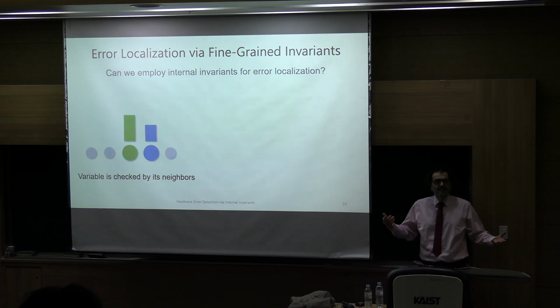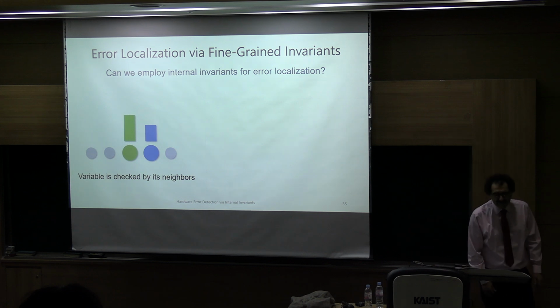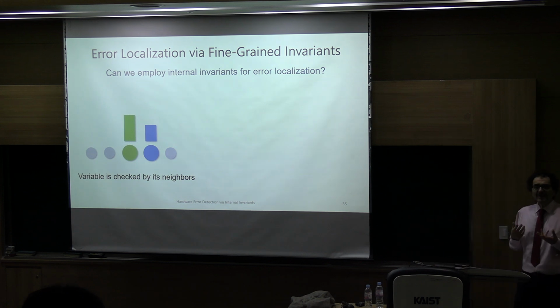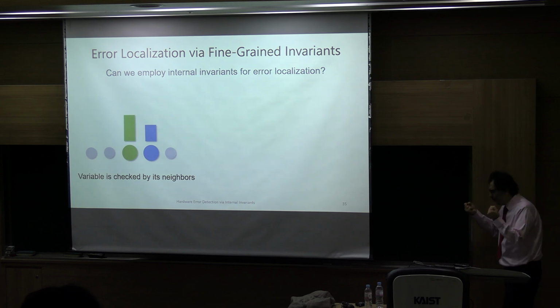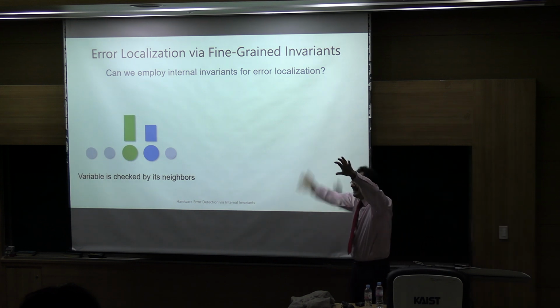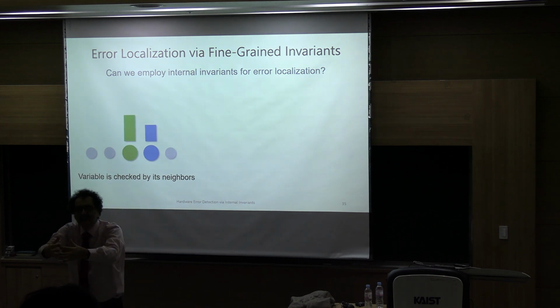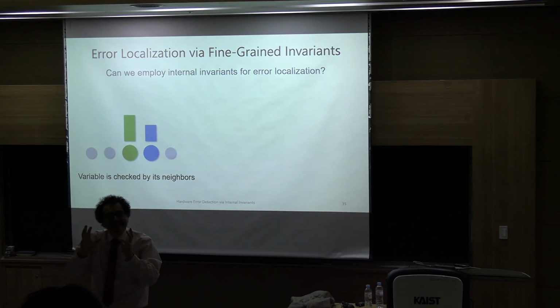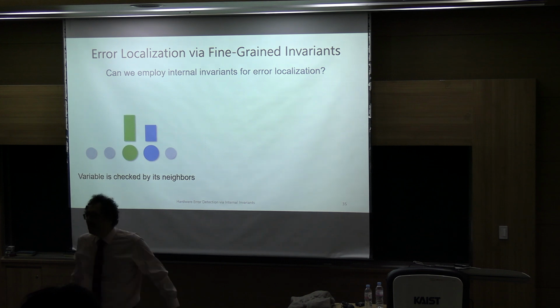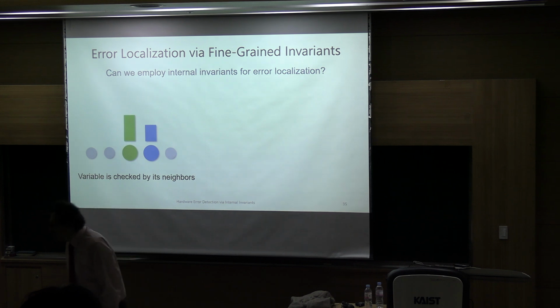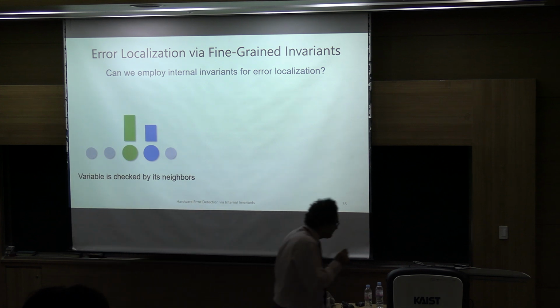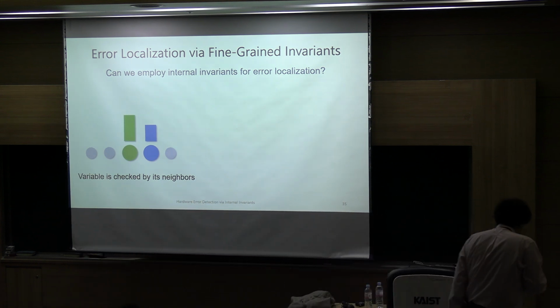All right, so can we employ internal invariants for error localization? The idea now became, instead of this very primitive, very coarse perspective, which said break things down into two and then train it so that the two groups become more or less similar in terms of their sums, why don't we embed much more fine-grained invariance into the system?